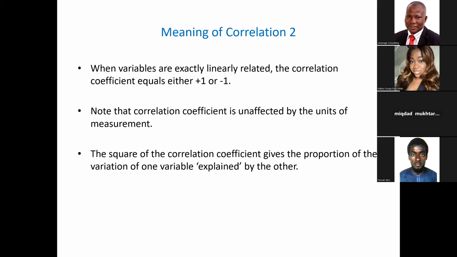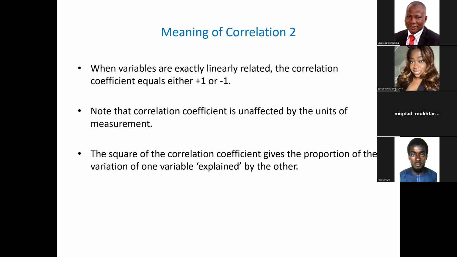If something is perfectly related, it means that if one changes by 2, the other changes by a fixed amount, all the time. That is when correlation is perfect.